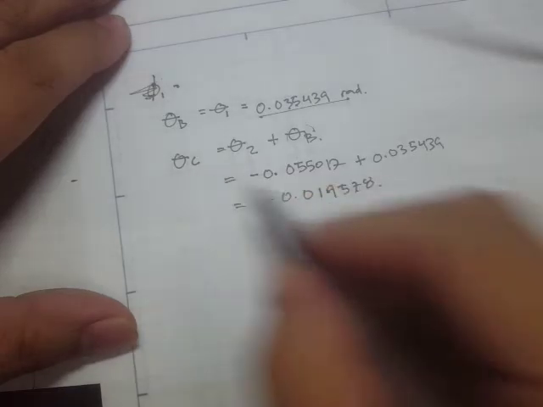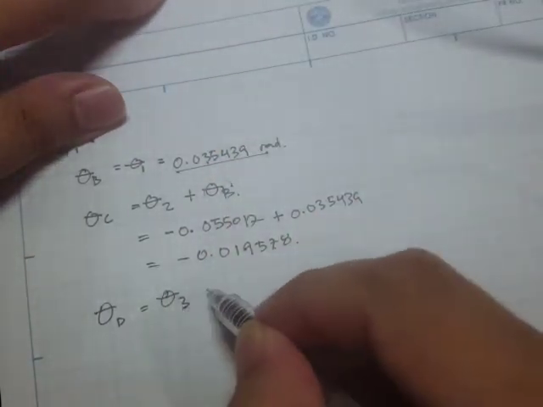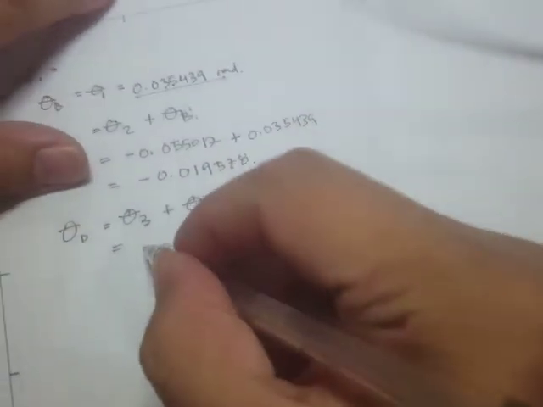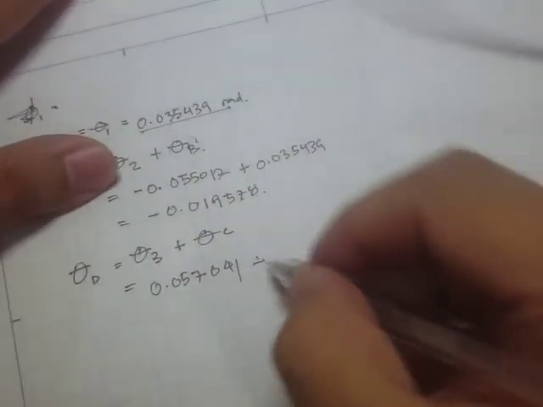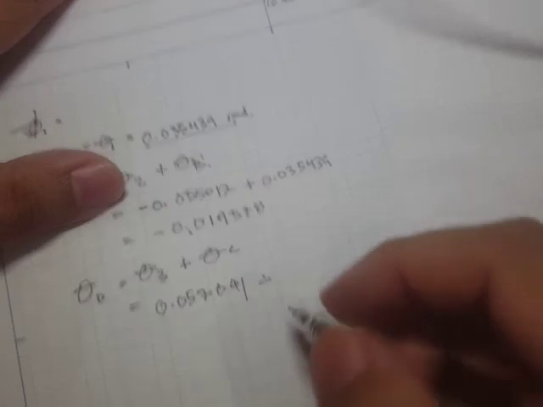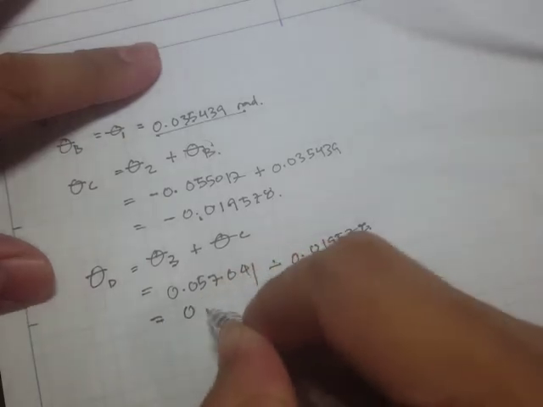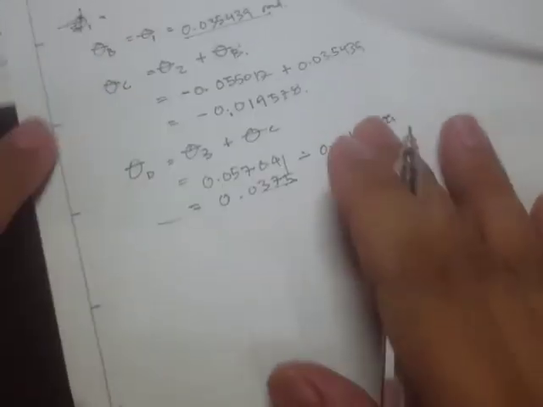Right, so that's the value at C. And now for letter D, that's just the angle of twist at segment number 3, plus C. Right, and this value is 0.057041, plus, actually that's minus, and this is minus 0.019578, and this one would be something like 0.0375.